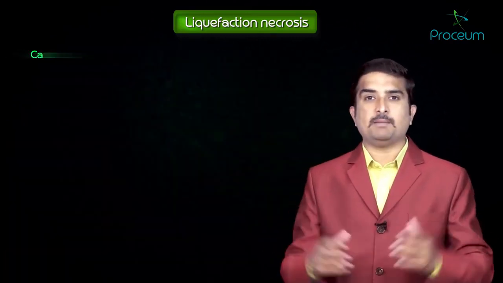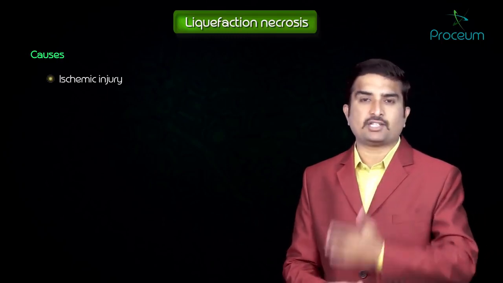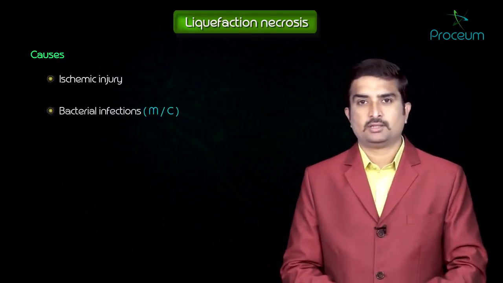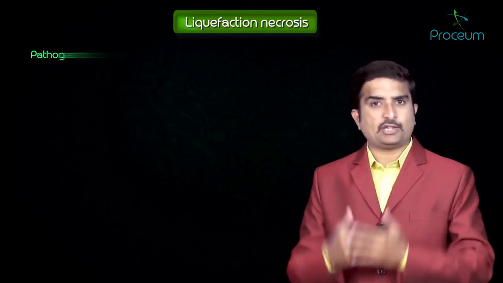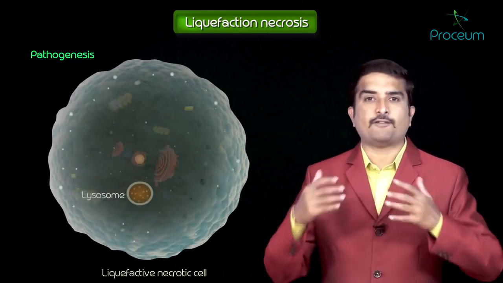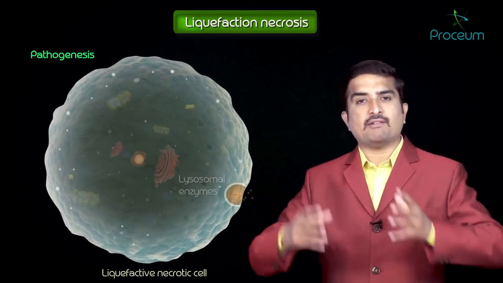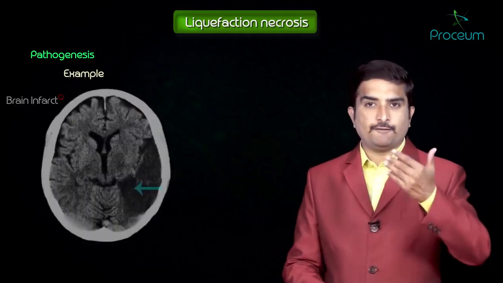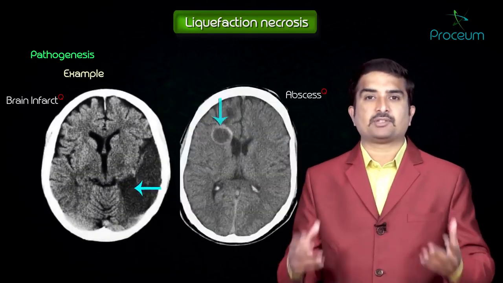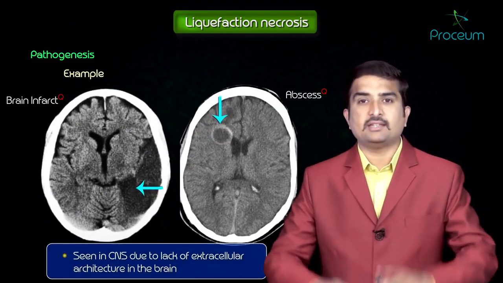It occurs mainly because of ischemic injury, but the most common cause of liquefactive necrosis is bacterial infection, and another cause is fungal infection. The main pathogenesis is lysosomal permeability and release of lysosomal enzymes.